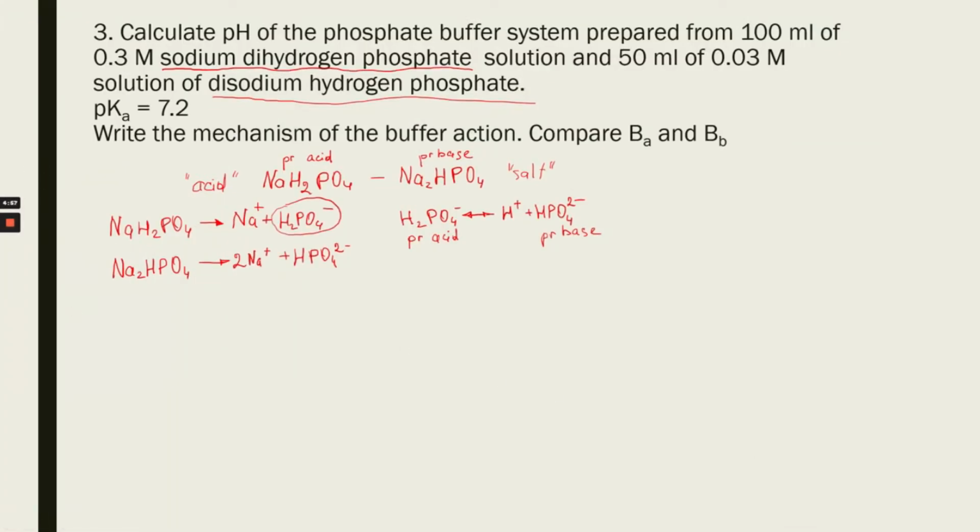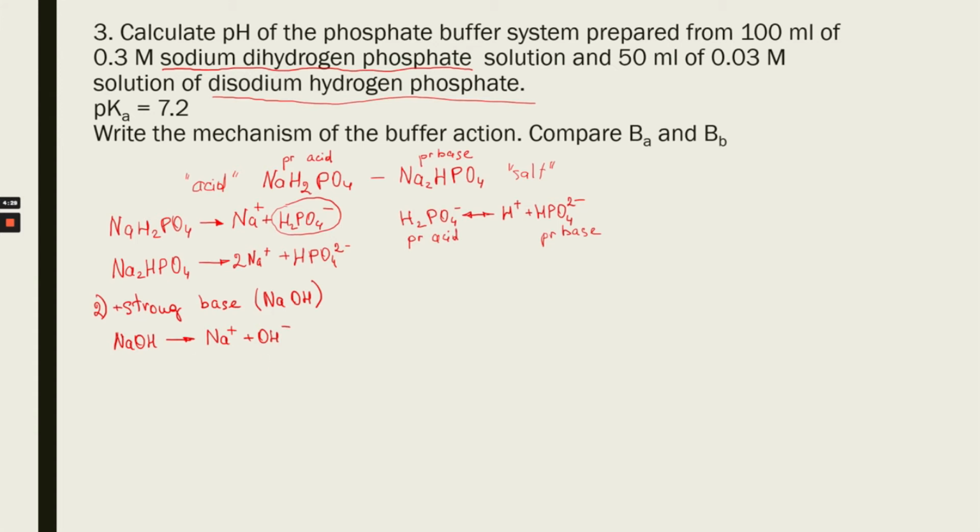Now we will write the mechanism of buffer action after adding a strong base. Strong base. We will take as example sodium hydroxide, NaOH. So NaOH, it is a strong electrolyte. So in solution it exists in form of ions, sodium plus hydroxide ions.